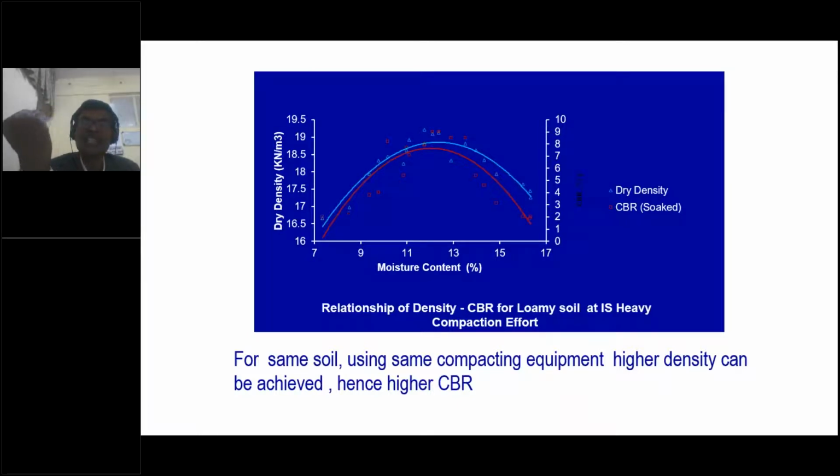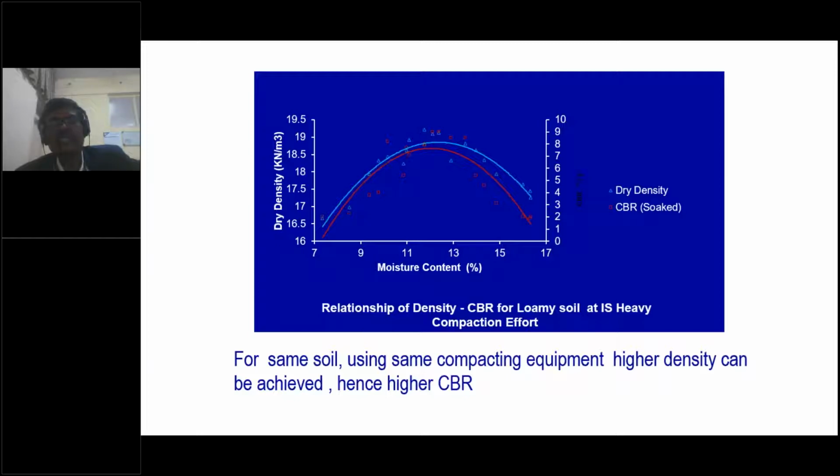So what is the implication? My density increases from 1.75 to 1.78, let's say, or 97% to 100% or 99%. A 2% increment I get. What is the advantage I get? You know that for the whole pavement design, the two important inputs are the CBR and the traffic.